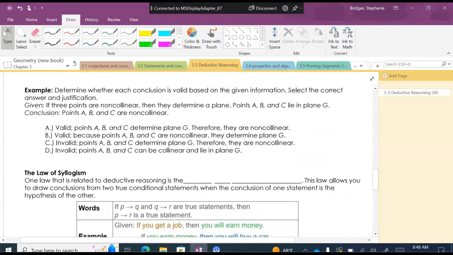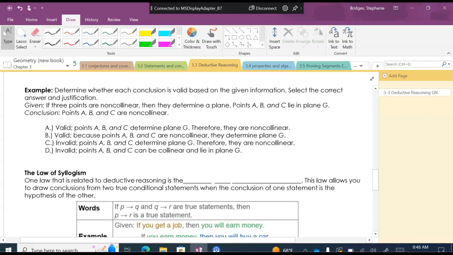All right, so it says determine whether each conclusion is valid based on the given information. Select the correct answer and justification. So you are given that 3 points are non-collinear and they determine a plane. Okay, if 3 points are non-collinear, then they determine a plane.